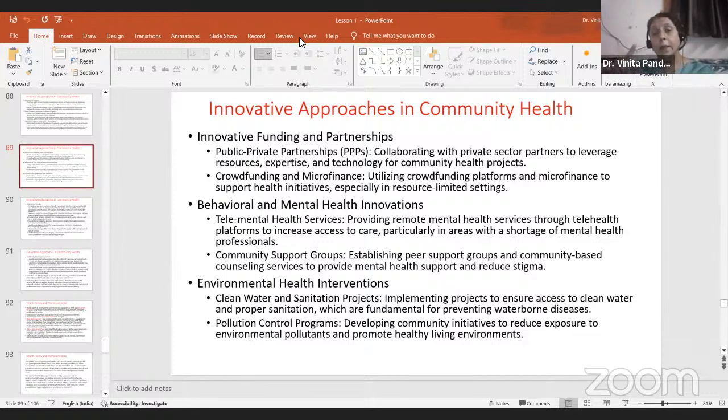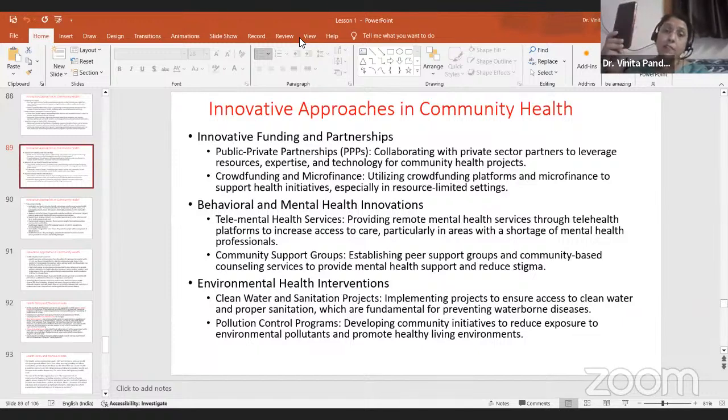Now you might have seen also a lot of online counseling platforms are there. It's only a matter of exploring them. And also now, even in villages, you have smartphones, right? The moment you have smartphones, you are connected globally with all kinds of platforms.